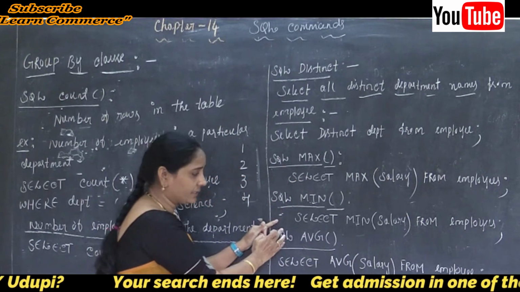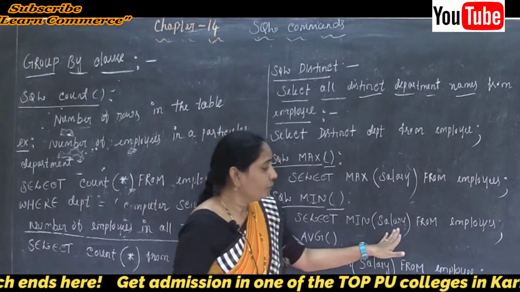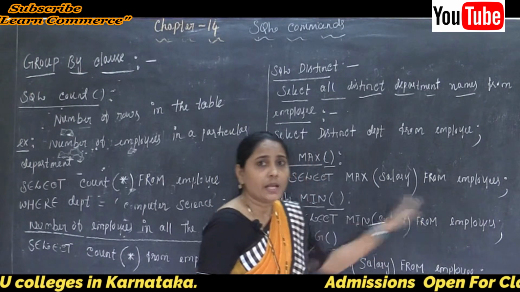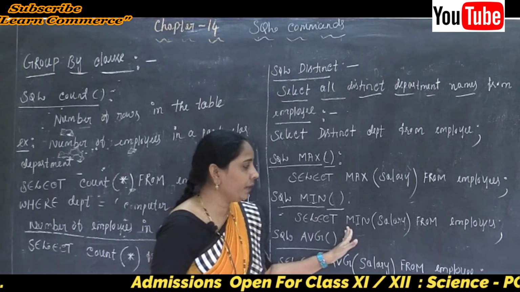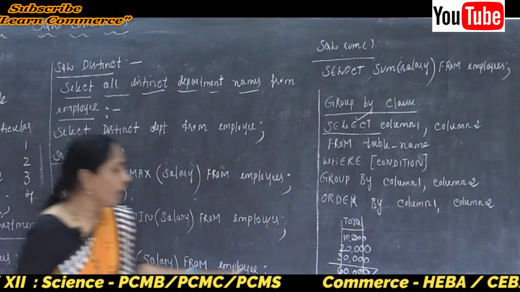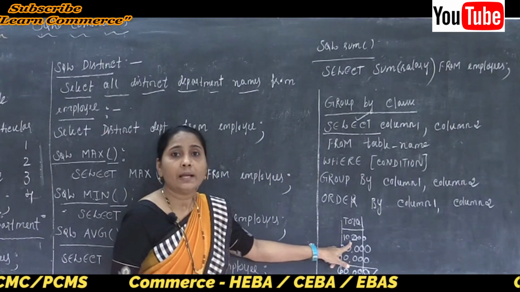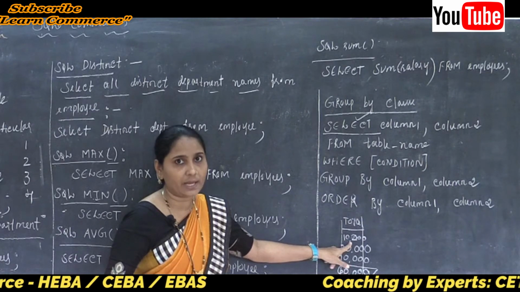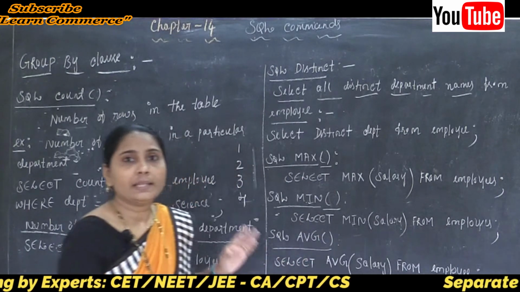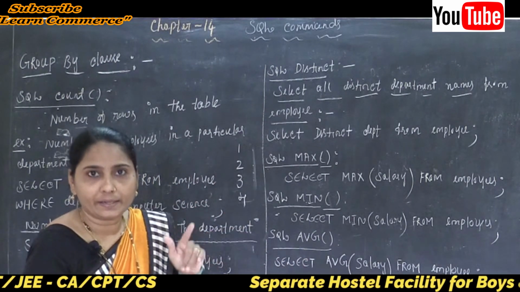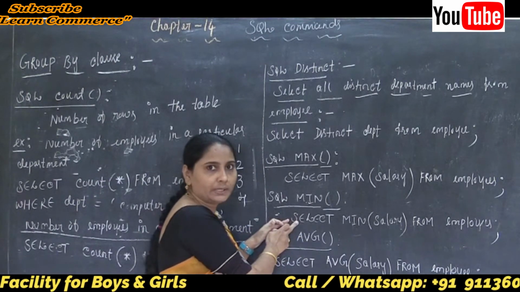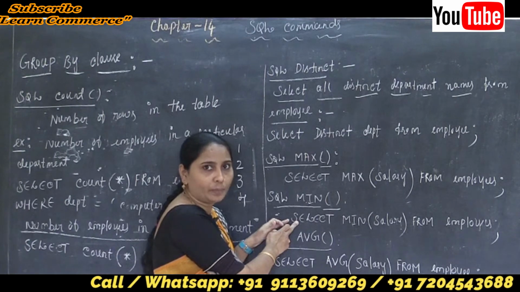So the syntax is select min of salary from employees, where salary is the column and the table name is employees. At that time it is going to show the value 10,000. Why? Because 10,000, 20,000, 30,000 is there, so the minimum value, 10,000, it is going to show. So we can say these operate on a group of rows and return one value for the entire group. Okay, so the min function means to get the minimum value from a column.